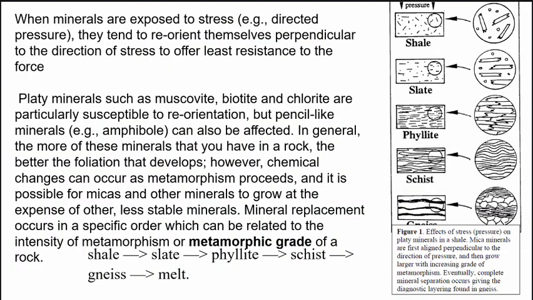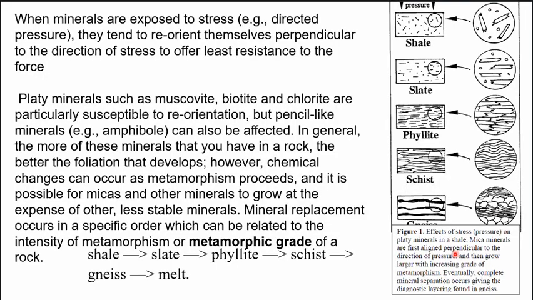Okay. So you can see this diagram here. It's showing you the stages of what happened. The first one is shale. Shale is a series of rocks that resulted from regional metamorphism.